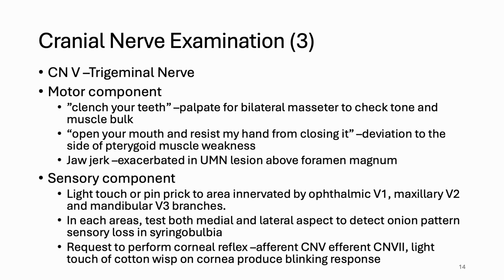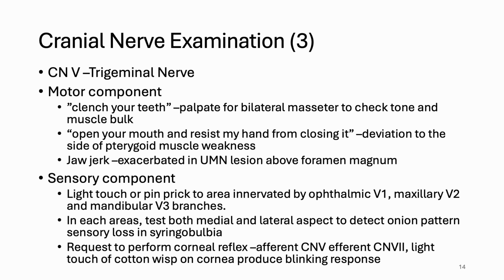In each area, you should test both medial and lateral aspects to detect onion pattern sensory loss in syringobulbia. You should end the examination of the sensory component of the trigeminal nerve by performing a corneal reflex, in which the afferent of the corneal reflex is innervated by cranial nerve 5 and the efferent nerve is cranial nerve 7.